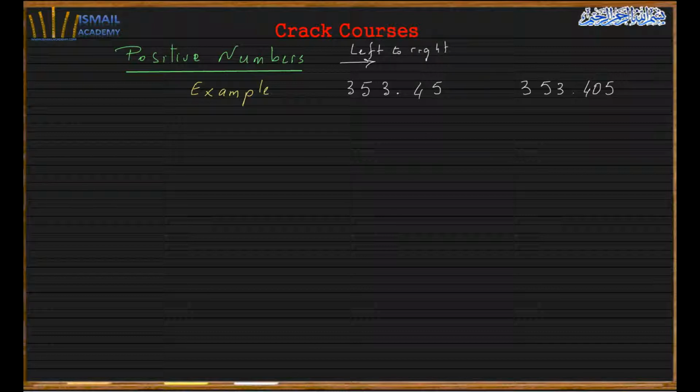I check the corresponding place value digit. I check this digit with this one, and they are equal. Then I move on to the next one, the corresponding one. Always the same place value, I check their digits.